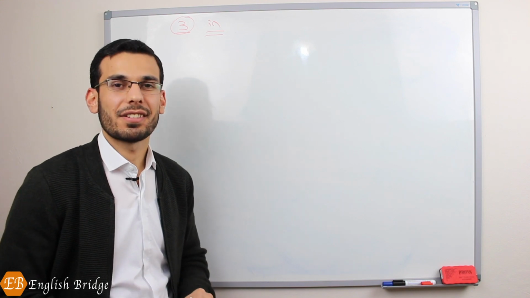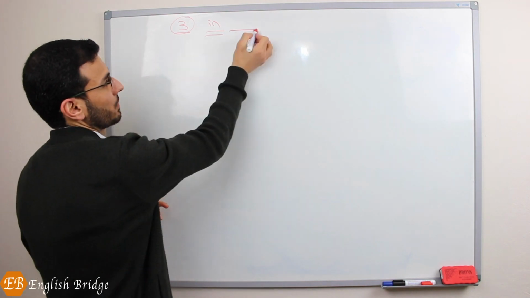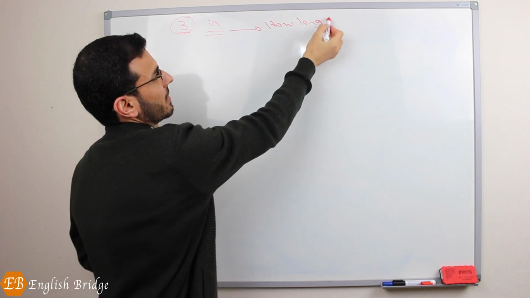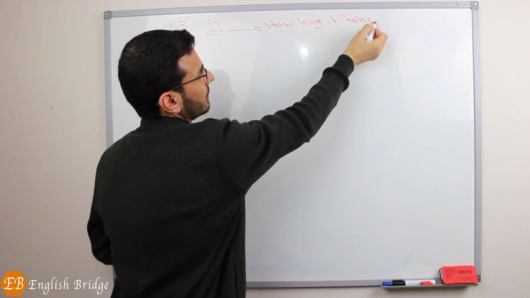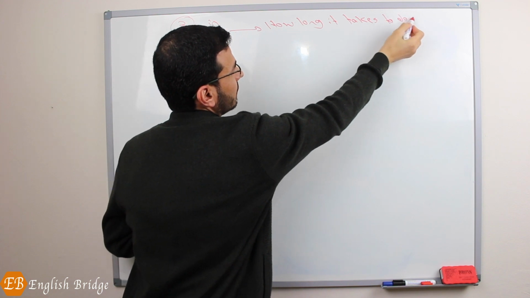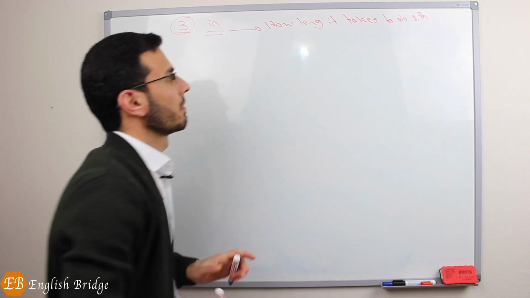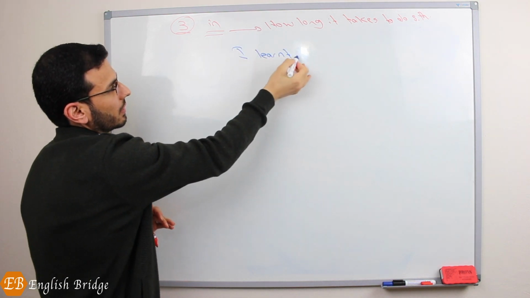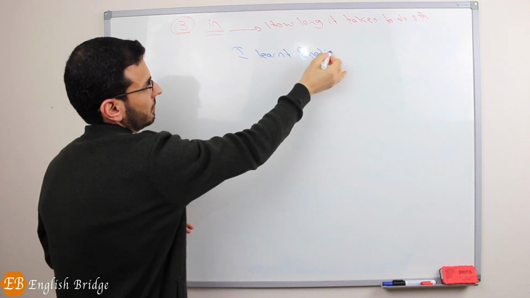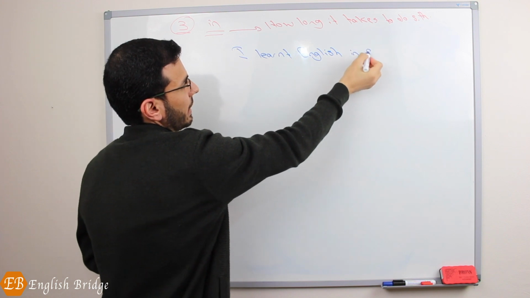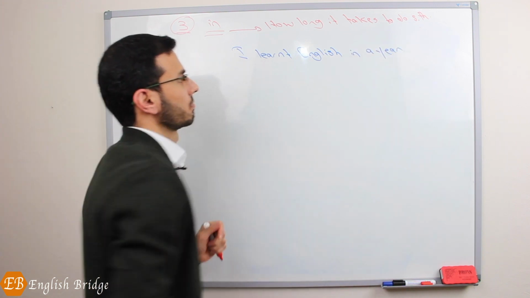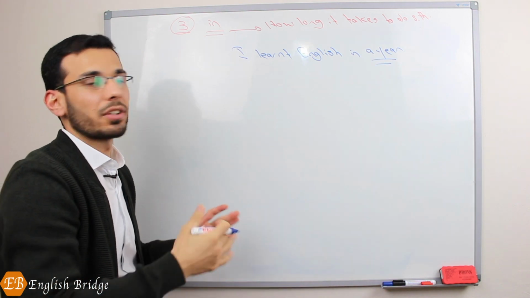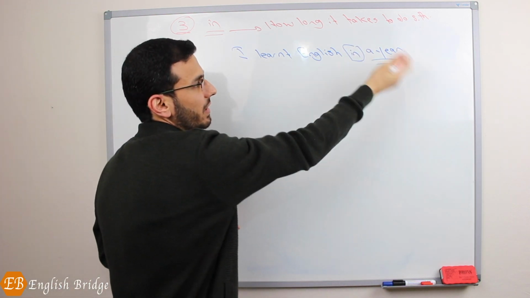The last thing is we use in when we talk about how long it takes to do something. For example, you can say, I learned English in a year. All right, I learned English in a year. So how long did it take me to learn English? The answer is in a year.